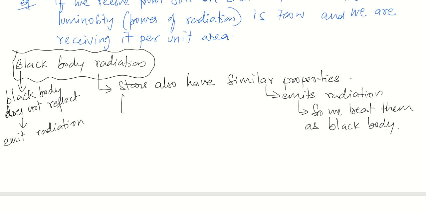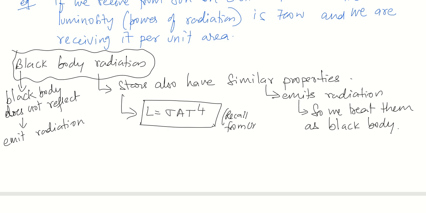And that's the reason why the power of stars can also be written as sigma A T power 4. This we have already done in unit 8, so you can recall from unit 8.